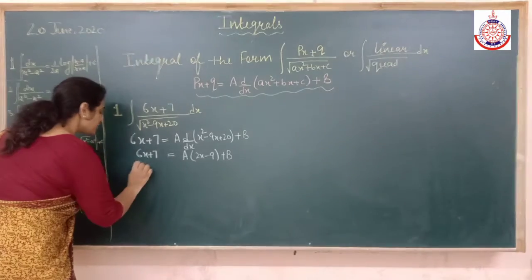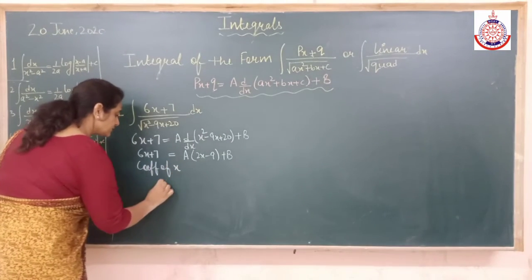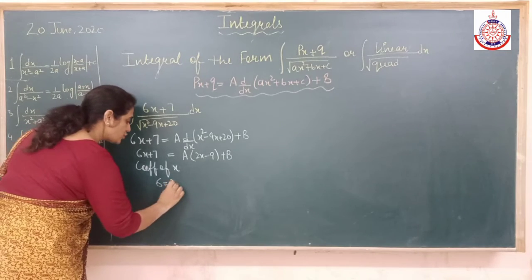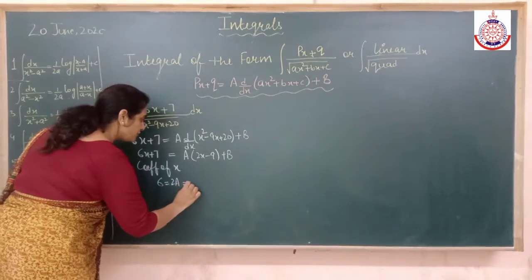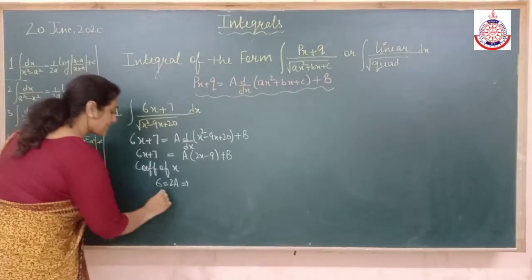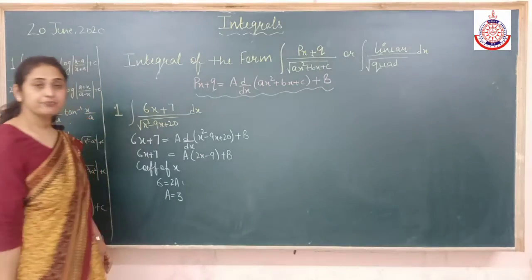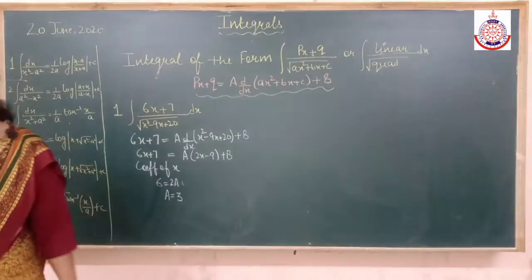So compare the coefficients of x. 6, that side will be 2a, so value of a has come 3. Clear? Value of a has come 3.